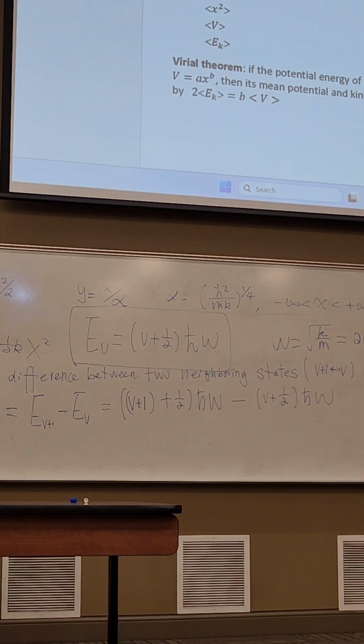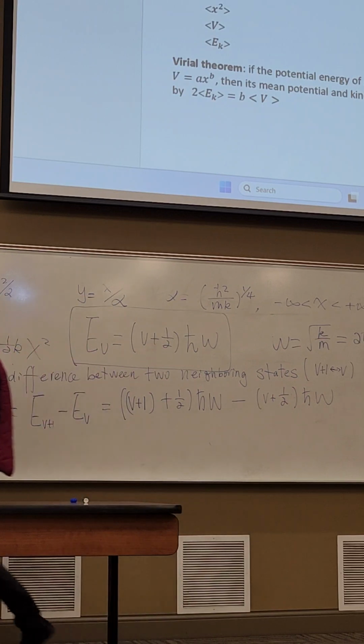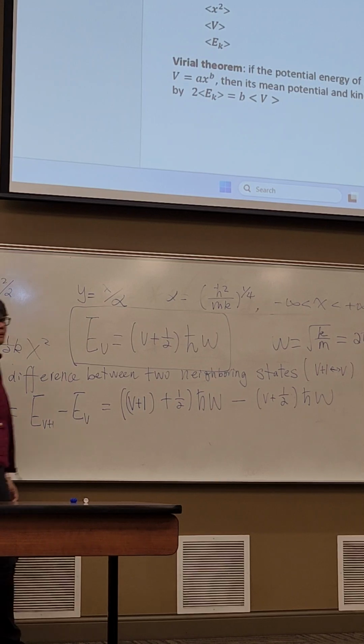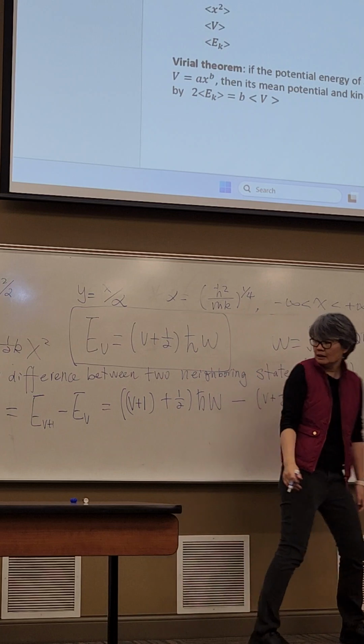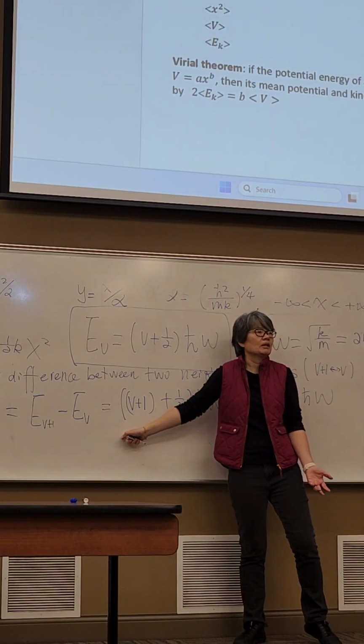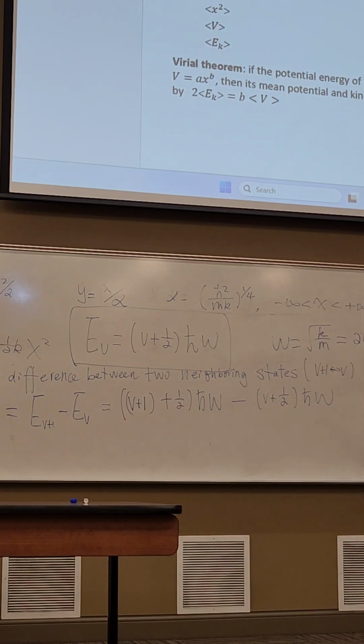So all I did is just a simple substitution, okay? So you want to calculate the differences between two quantum states. I know the expression for each quantum state, then I just put it in with the specific quantum state. So they are neighboring states. So if one is v, the other one is v plus 1, or the other one is v minus 1, it doesn't really matter, so I'm just choosing one.